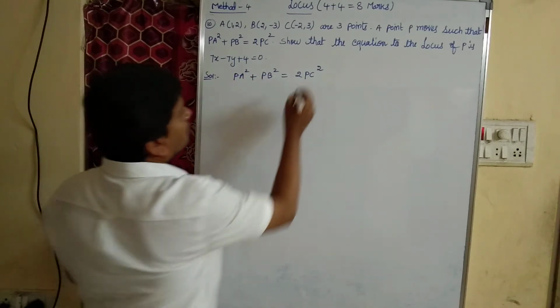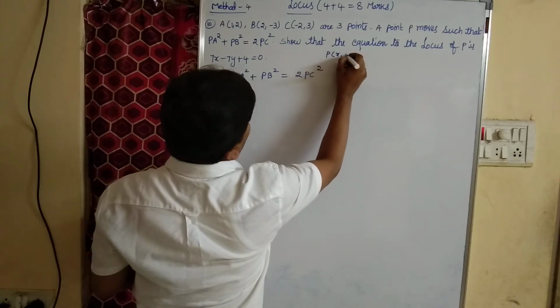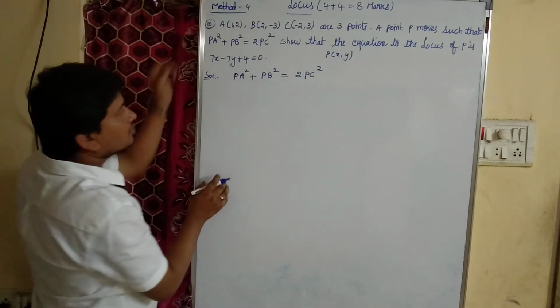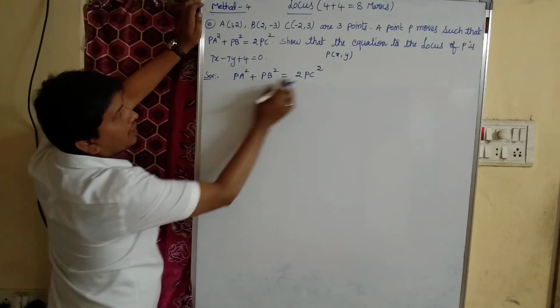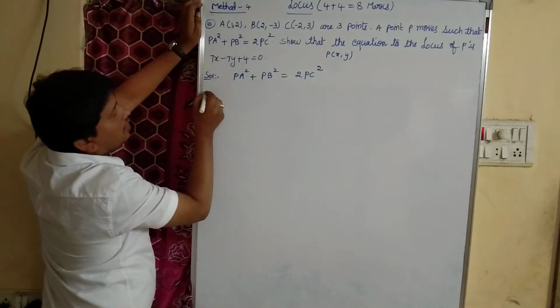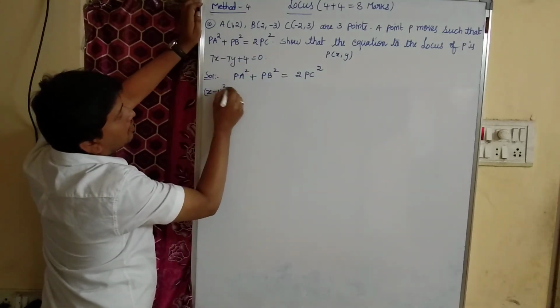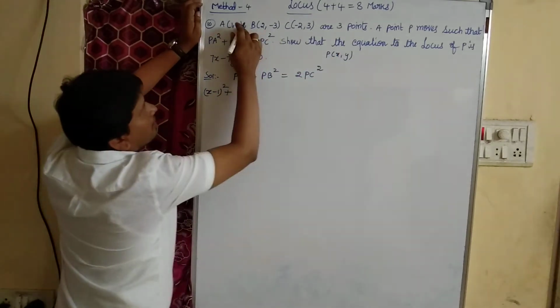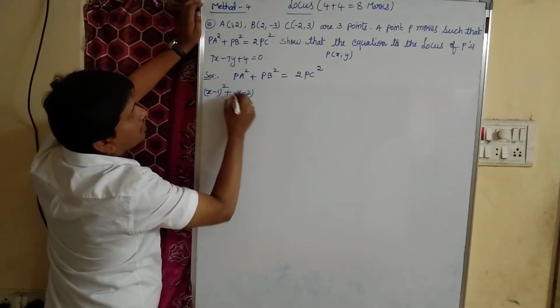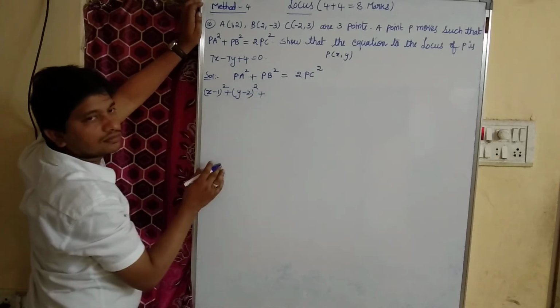We take P as (x, y). So first, between P and A: (x minus 1) whole square plus (y minus 2) whole square. This is PA square.